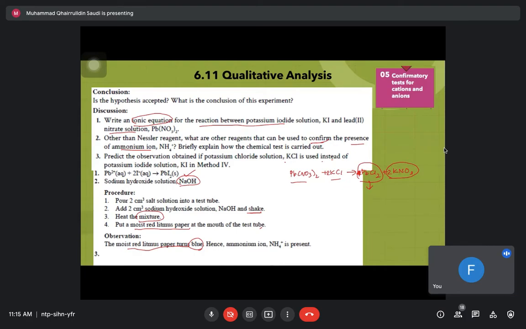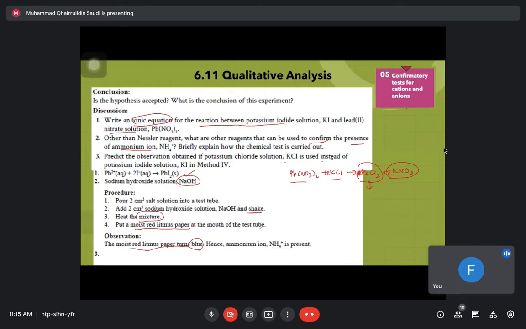Ingat balik insoluble salt for chloride apa? Double decomposition.